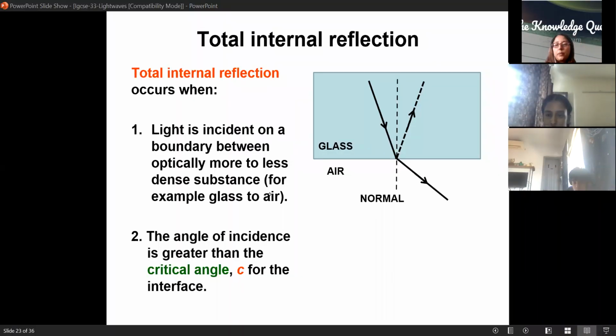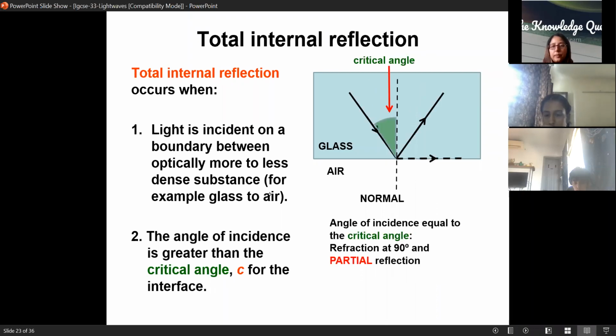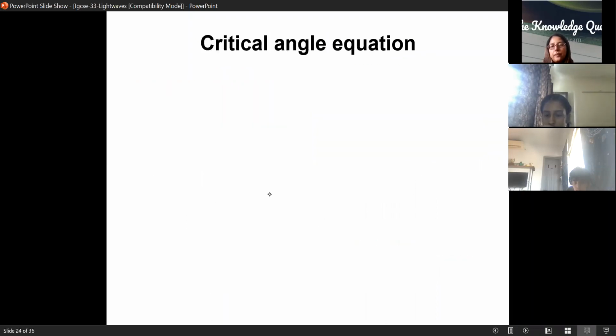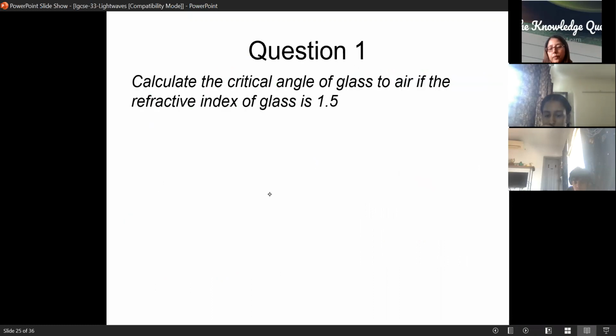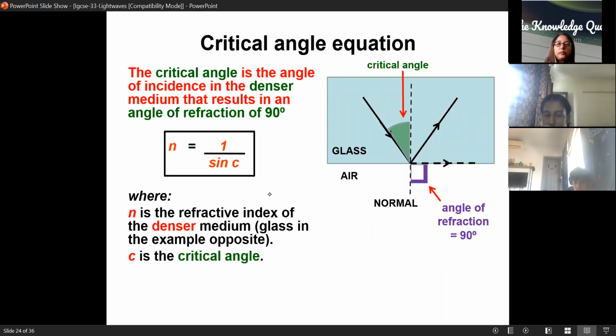So अब हम जरा ये पार्ट को quickly we'll have a look. What is the formula? So the critical angle equation, you know what is critical angle now? That the incident angle is more than the critical angle.